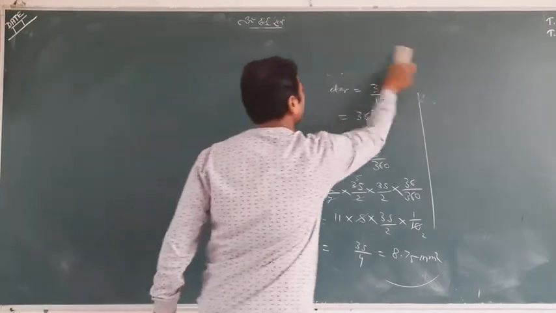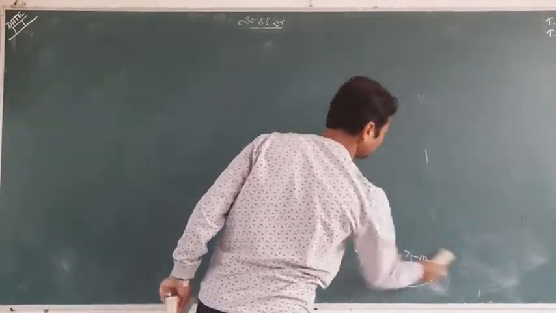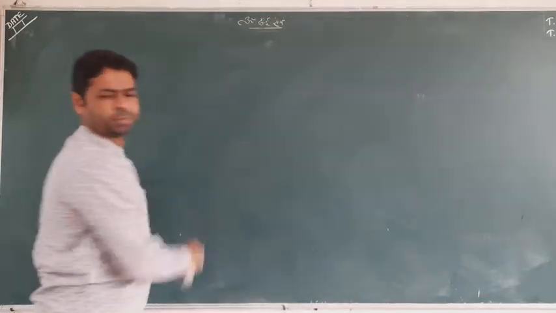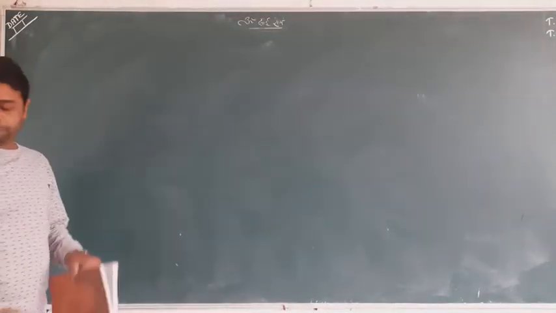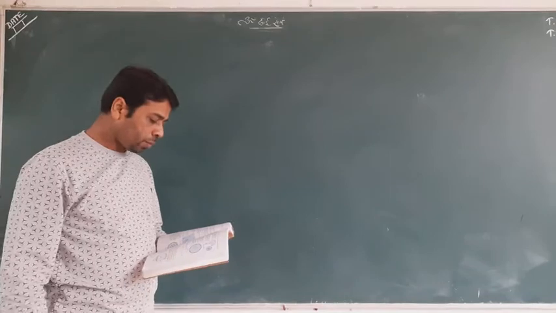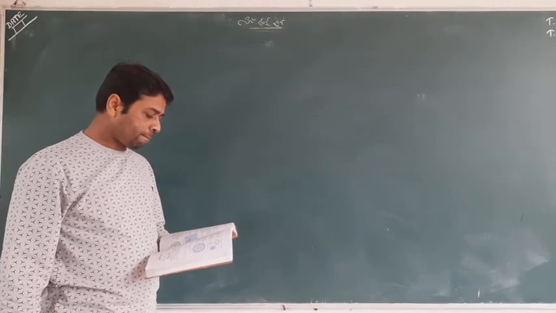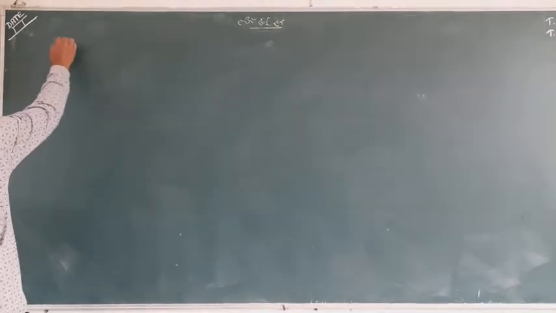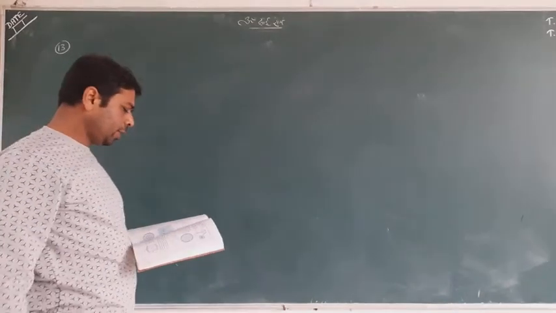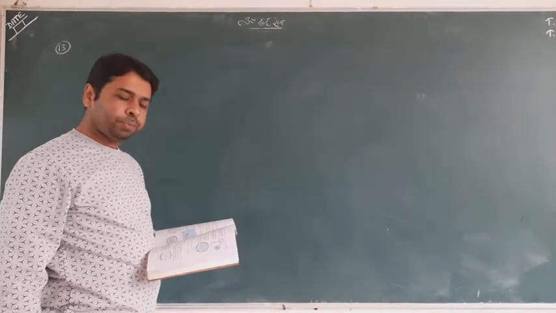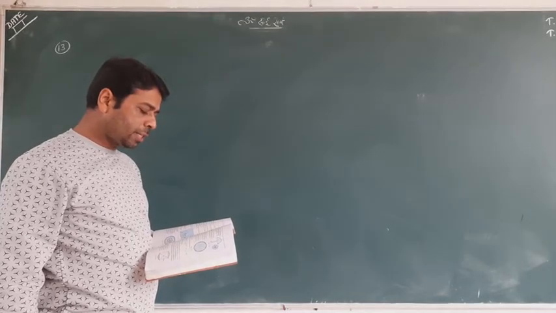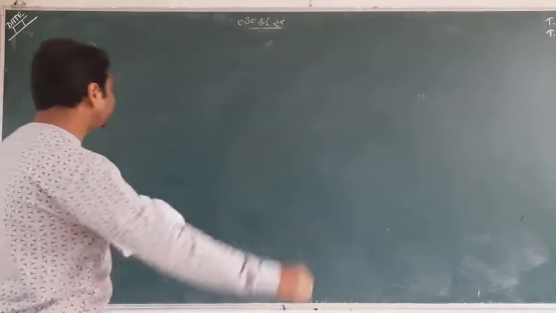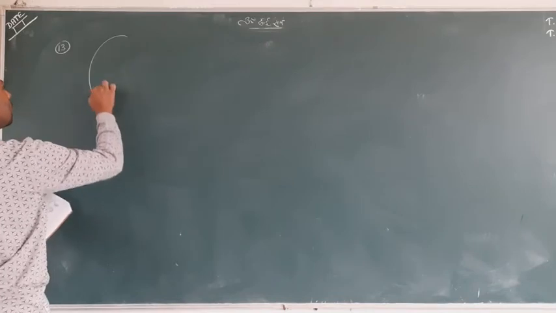Okay, now let me take a question from the book. I'm telling you question 13. Question 13: a round table cover has 6 equal designs as shown in the figure. Can you see the figure?